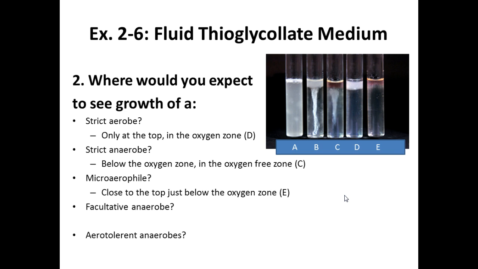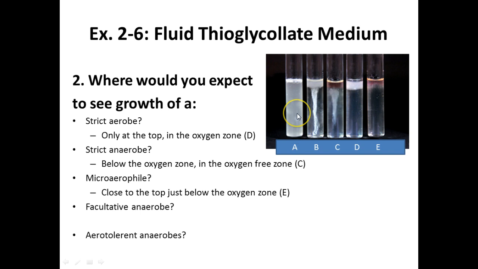Now, facultative anaerobe. Anaerobe implies that it can grow anaerobically, right? So we'll expect to see growth where there isn't any oxygen. Two tubes are like that, A and B, right? But there's a difference between A and B. What do you notice about the growth in A?